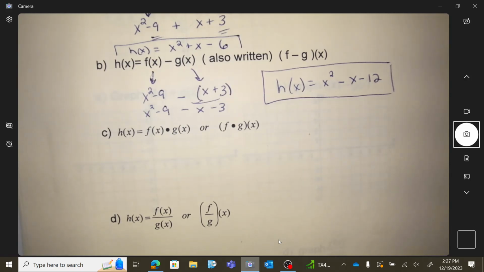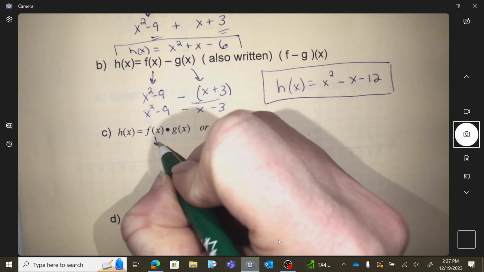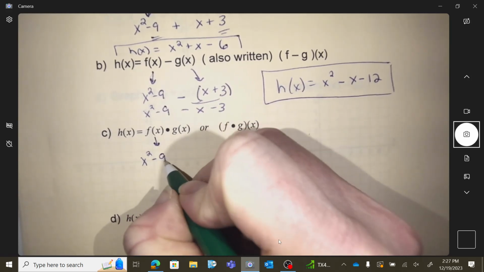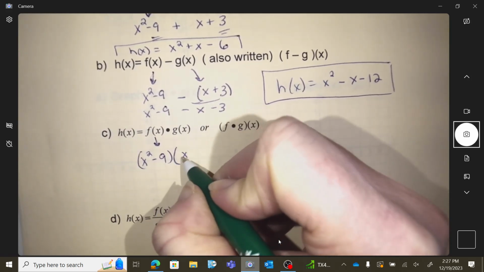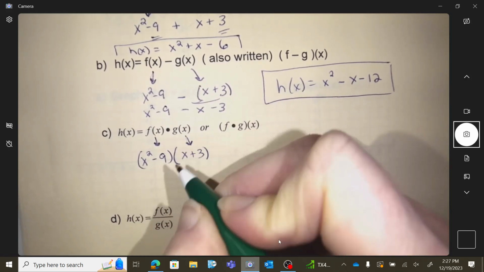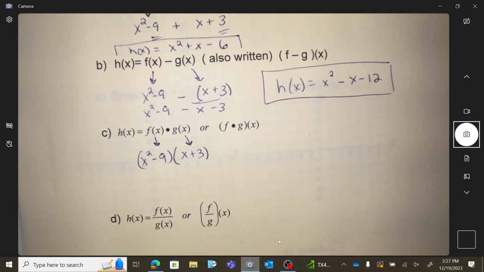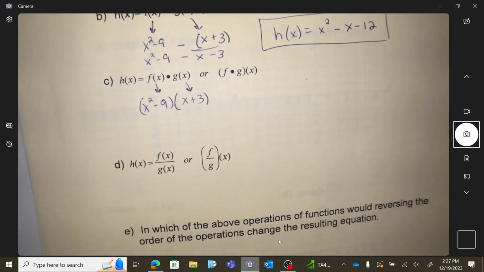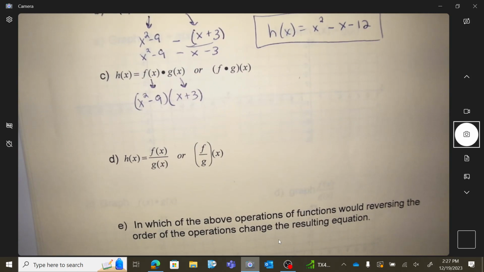Okay, this one says to multiply the two functions. So this times this. Okay, I need you to do a whole FOIL system on that, right?